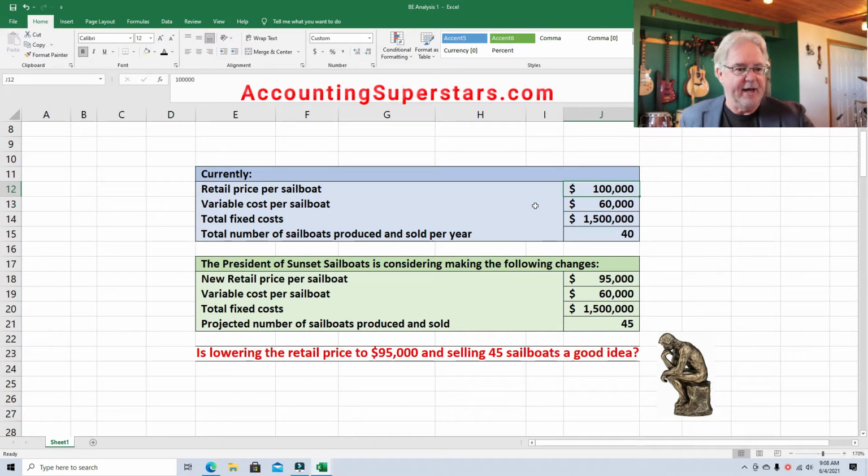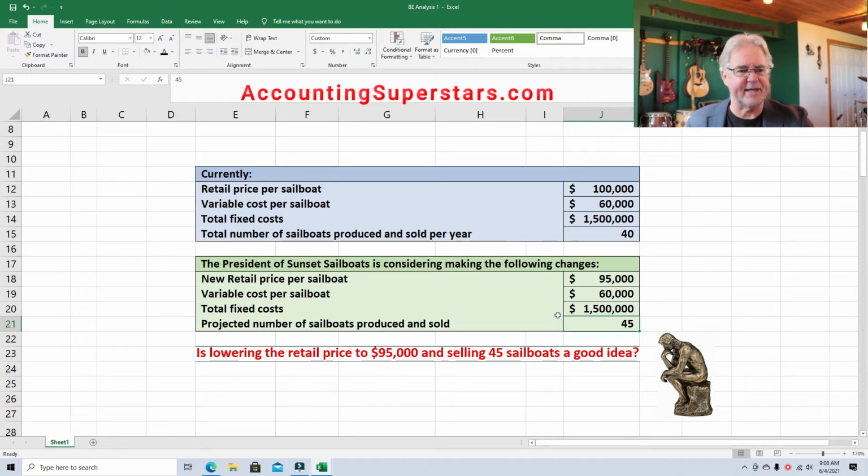We could lower our price down to $95,000, and we'll probably sell more sailboats. In fact, if we lower our price down to $95,000, I bet we would sell 45 sailboats. That's significantly more, almost $500,000 more in sales, 5 times close to 100 grand.